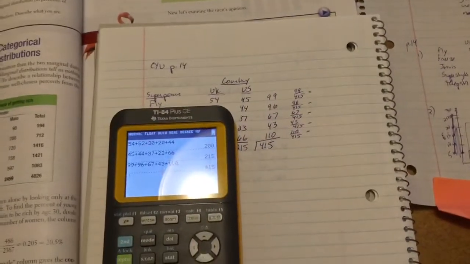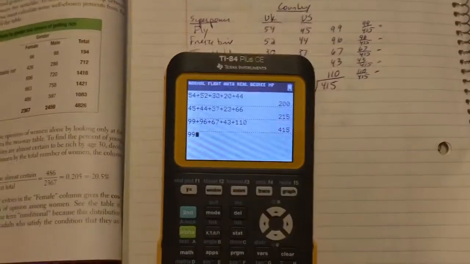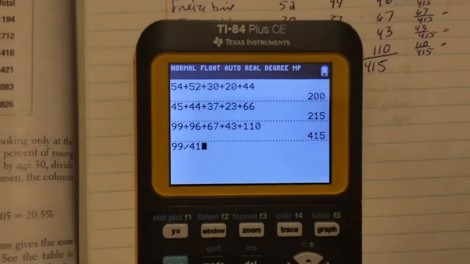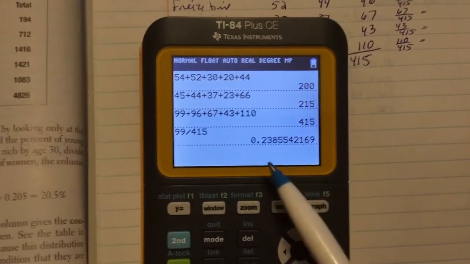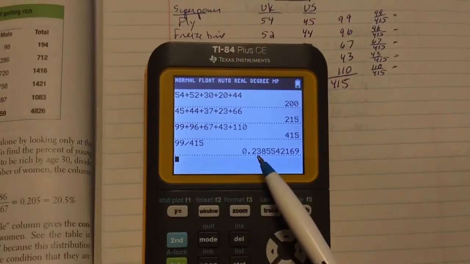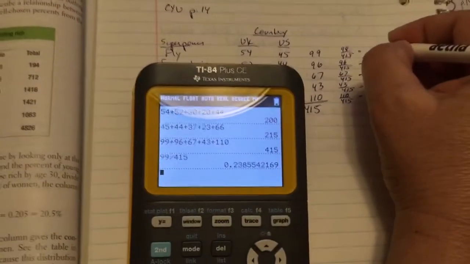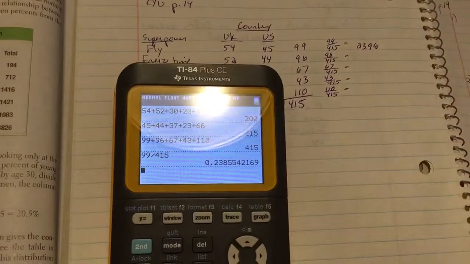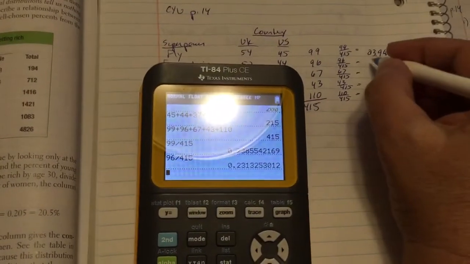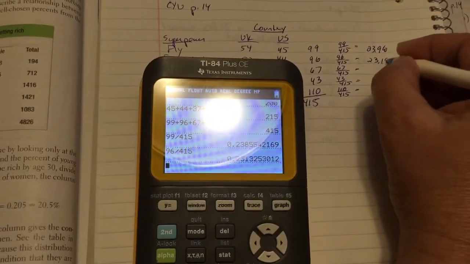Okay, so 99 over 415. Is there still glare? How's that? Fine. 99 over 415, in percentages, 23.855, no, 23.9, round properly. 23.9%. 96 over 415, so that would be 23.1%.